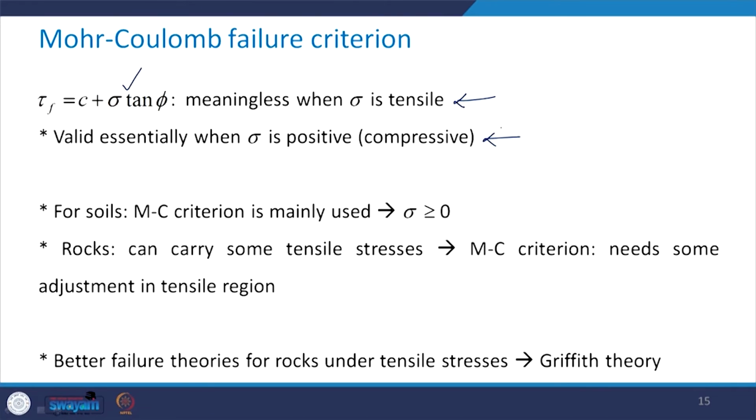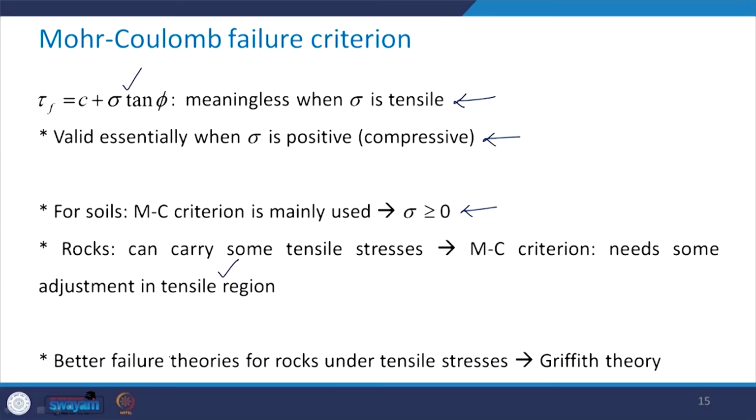For soils, this Mohr-Coulomb criterion is mainly used as sigma is greater than or equal to 0, but rocks can carry some tensile stresses, and in view of this, if we want to apply the Mohr-Coulomb failure criterion in case of rocks, we need to make some adjustment in the tensile region. As far as the compressive region is concerned, we do not have any problem.